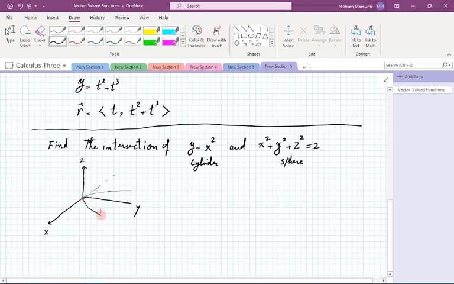So to represent it, you want to perhaps do something like this. So this is the y equal to x squared surface. How about the other one? The other one is a sphere, so that sphere is going to be harder to draw.